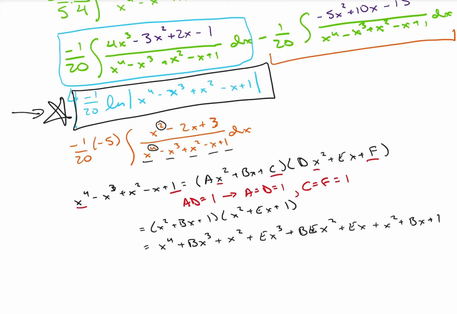And a bunch of these things are going to cancel between the left and right. So this x to the fourth and this x to the fourth go away. One of my x squareds will cancel out on the left and the right. I have a 1 that'll cancel out.